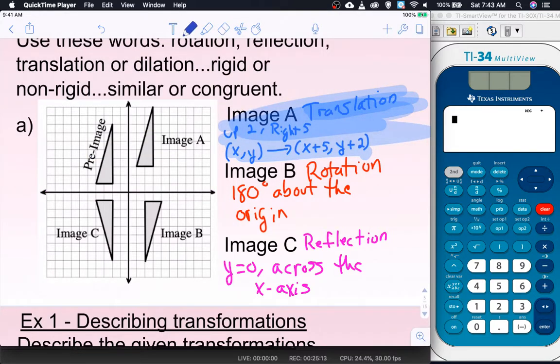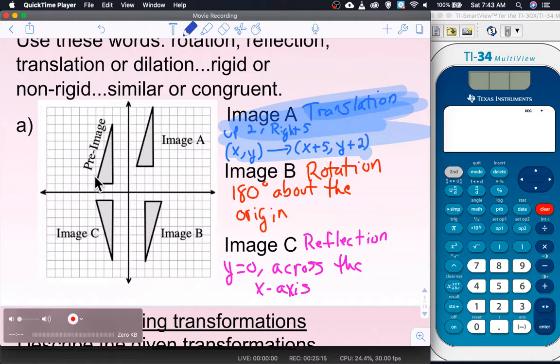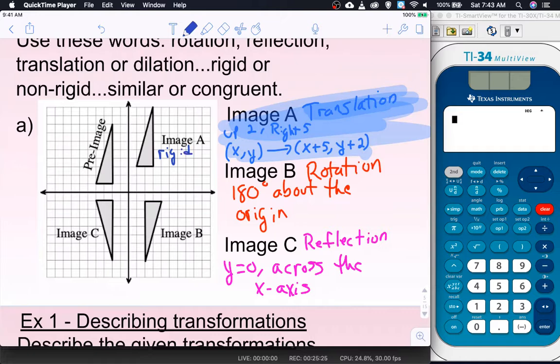So image A, from here to here, this is a rigid transformation. You see how the same size, same shape, they're like twinsies. That's rigid. And they are also congruent. Congruent means they're equal, they're identical, they're the same.